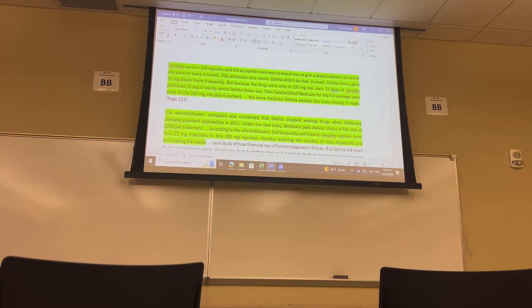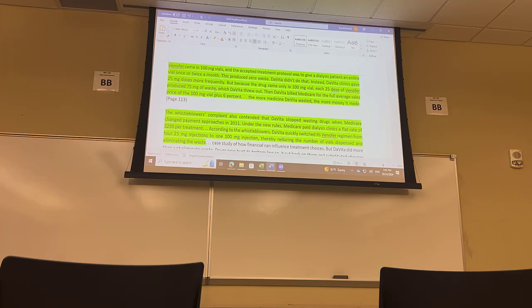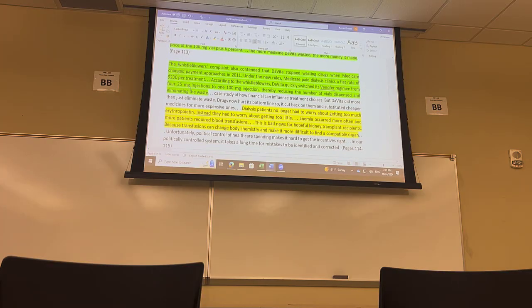They bought the 100 vial, gave 25, and threw 75 away, so they could make more money off of Medicare. Does that sound like a good use of taxpayer money? So what did they do? Well, a whistleblower came in and turned them in. So Medicare changed it to a simple $230 per treatment, not for the 100. They didn't get paid for the entire 100, just per treatment.